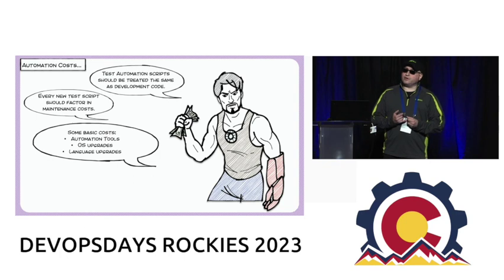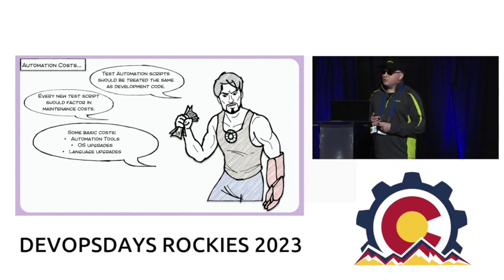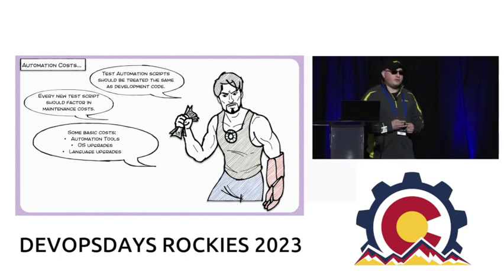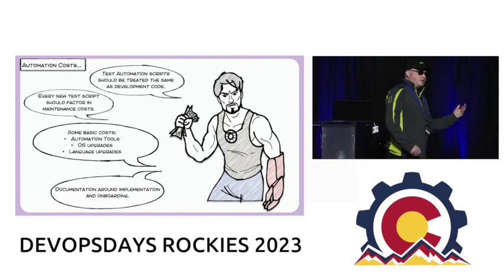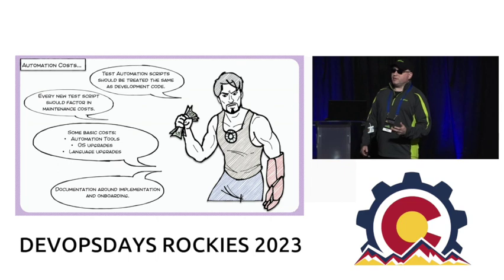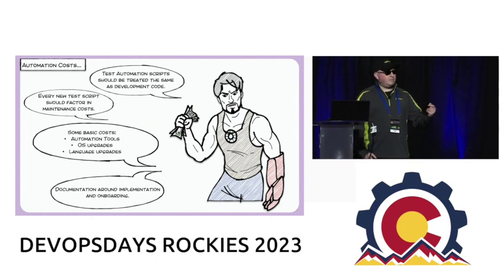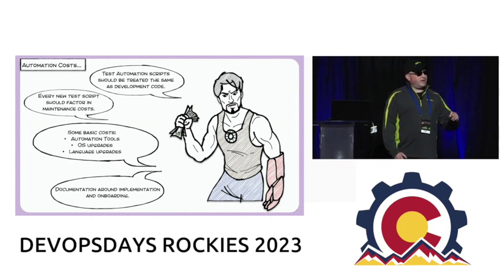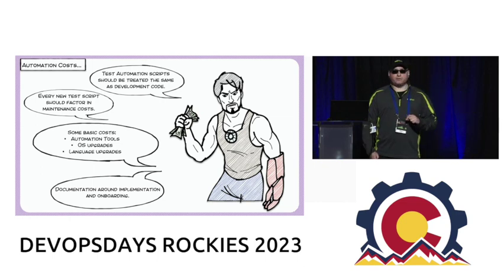You need to also calculate in the cost for the automation tools, any OS upgrades, any language upgrades, and oh, by the way, you're not just going to immediately adopt this. You need to have onboarding materials. You need to train the people in place. These are all things that take away time and money that should be factored into that overall ROI calculation for us to do automation.